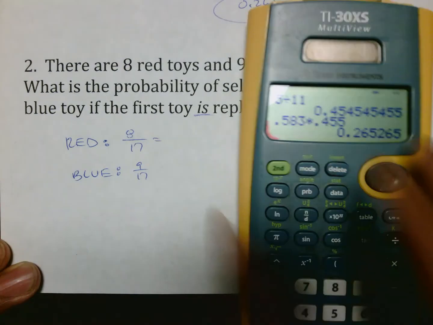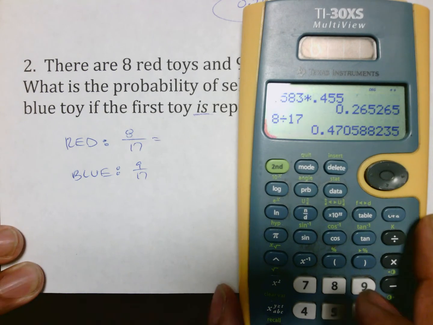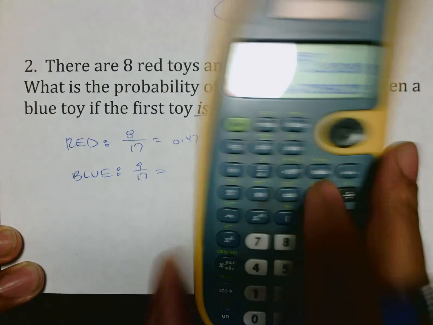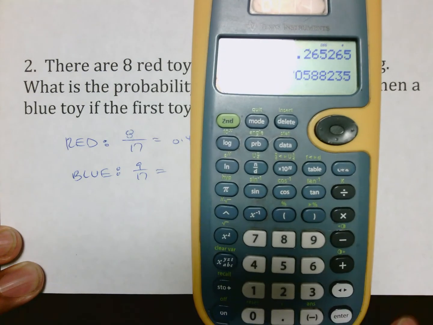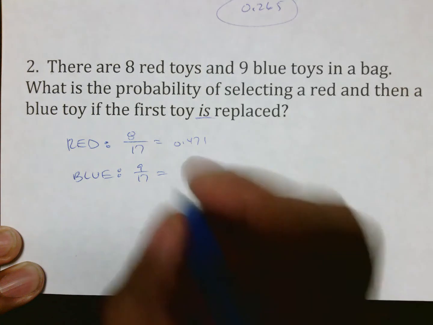So I then turn both of these into decimals. That is 0.471, and this is 0.529.